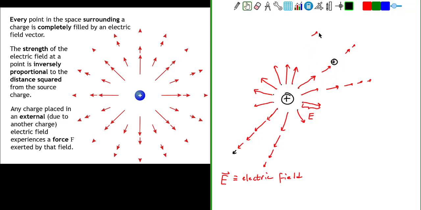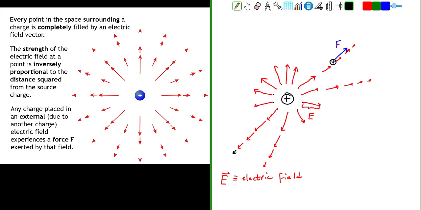So this field vector right here at this point, that charge is going to experience a force. And that force is going to be in the direction of the electric field. This will be the force of repulsion between those two positive charges at that point due to the electric field at that point.